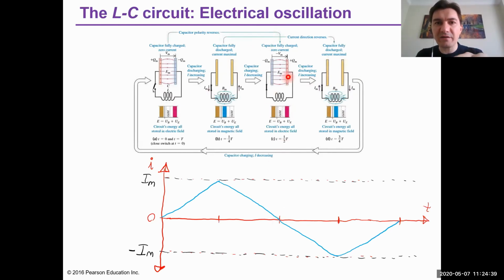Again, the capacitor is fully charged and there is no current in the circuit. And it is increasing, and then it reaches its maximum value, and all the energy is stored in the inductor.